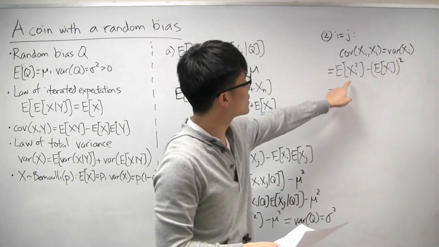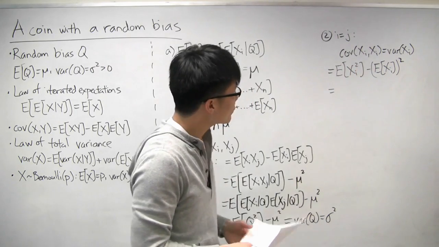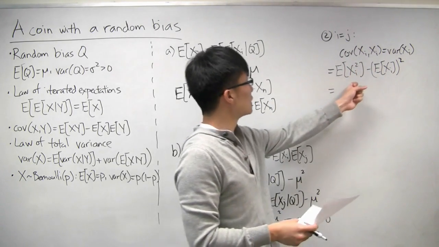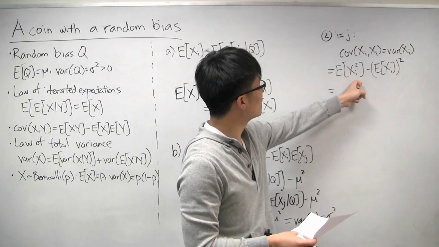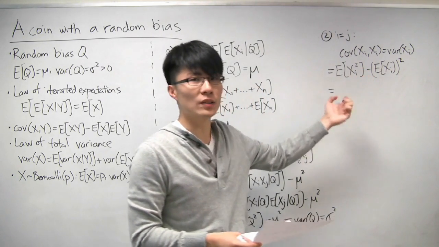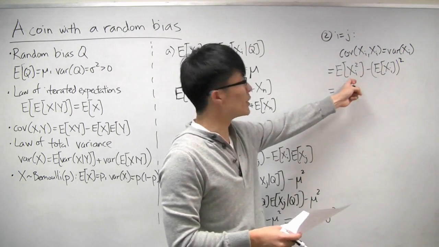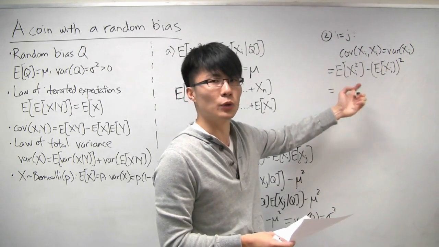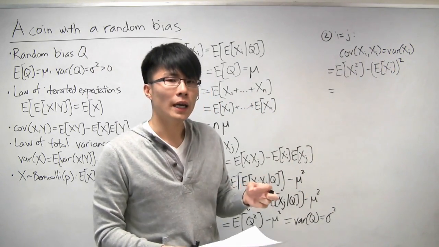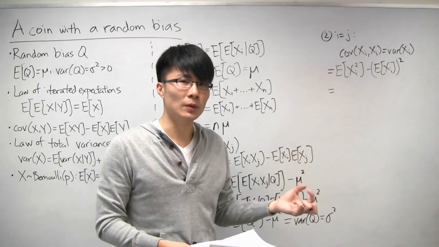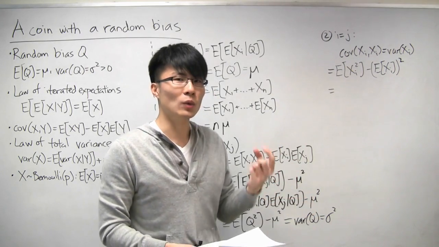But what is the expectation of xi squared? We can realize that xi squared is actually exactly the same thing as just xi. This is a special case because xi is a Bernoulli random variable, which is either 0 or 1. If it's 0 and you square it, it's still 0, and if it's 1 and you square it, it's still 1.